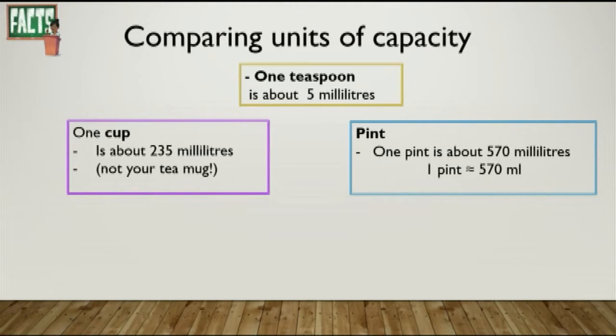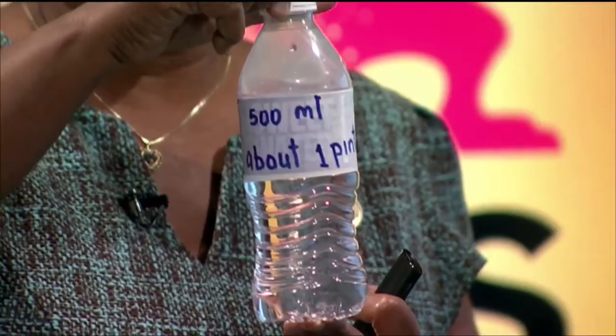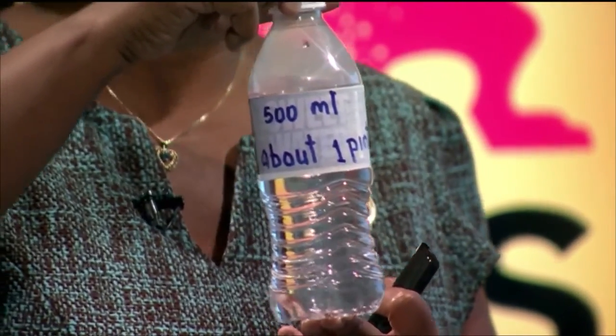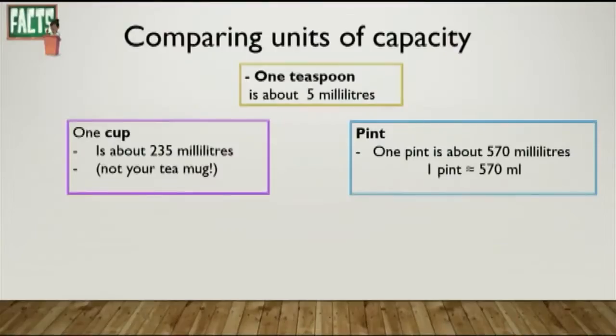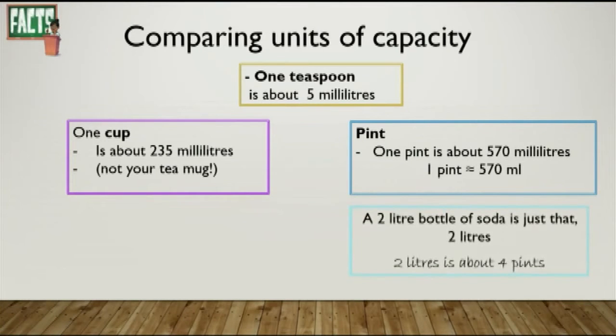A pint. 1 pint is about 570 milliliters, approximately 570 milliliters. So this bottle, for example, is about 1 pint, slightly less than a pint, because a pint is 570 and this is 500 milliliters. A 2-liter bottle of soda is just that, 2 liters.